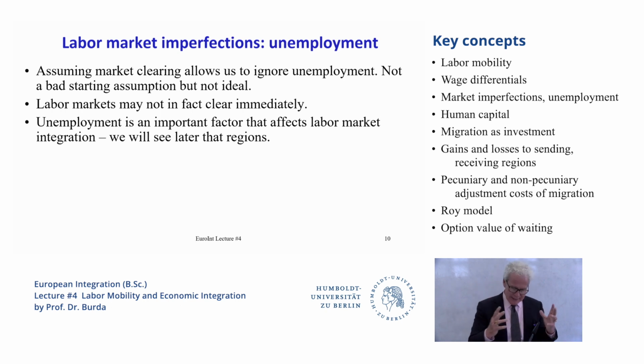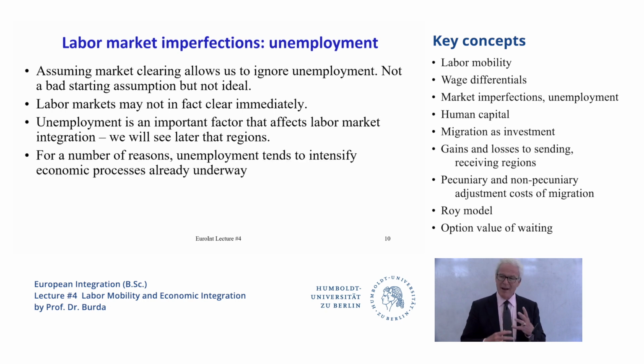So when the wall came down, East German unemployment kind of exploded because a lot of factories were closed, and a lot of people were accelerating their decision to go west. Okay, so unemployment may often intensify the underlying neoclassical assumption and model results that we've got. So we just get that off the table right now.